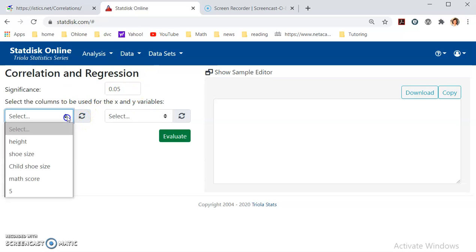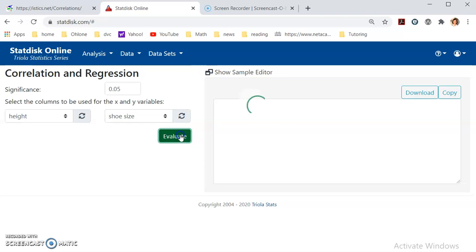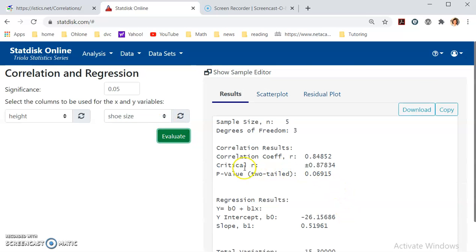We don't care about the significance yet, but we will do height for X and shoe size for Y and evaluate. The number that I want you to pay attention to is correlation coefficient R, 0.8485, and critical R. So that's two numbers.